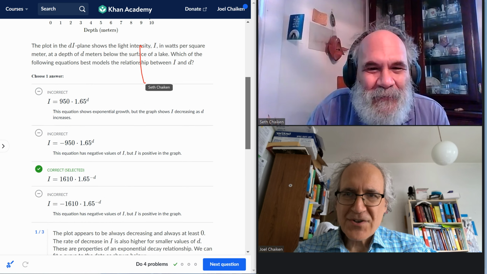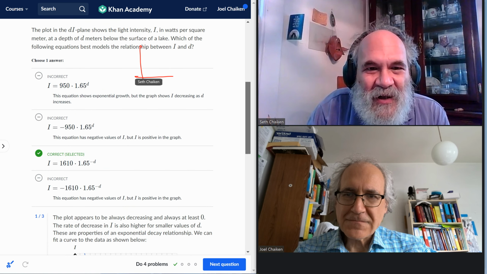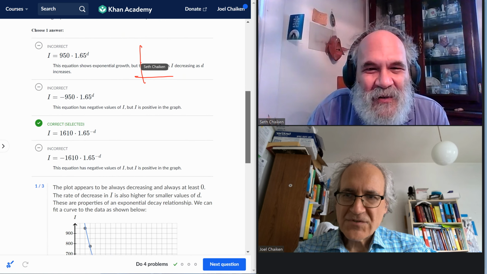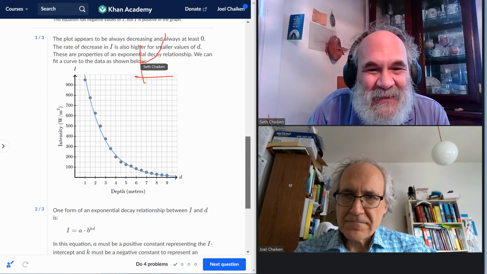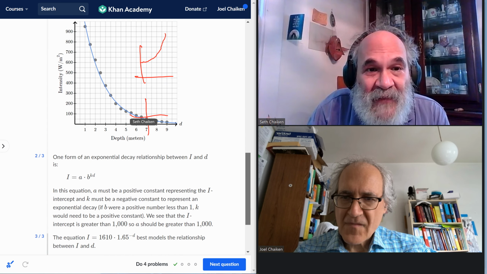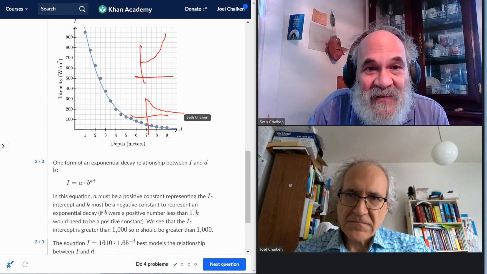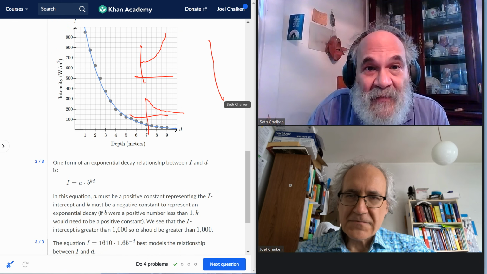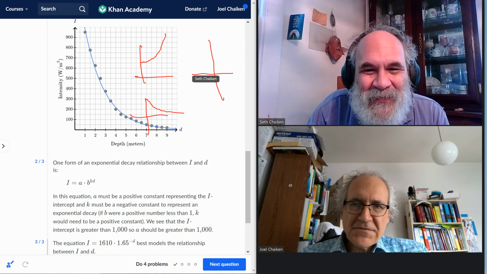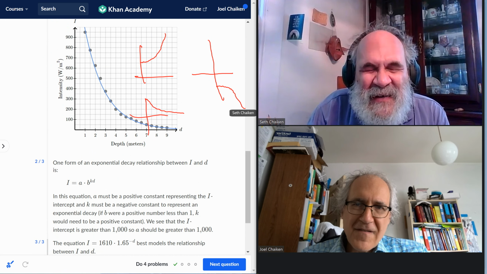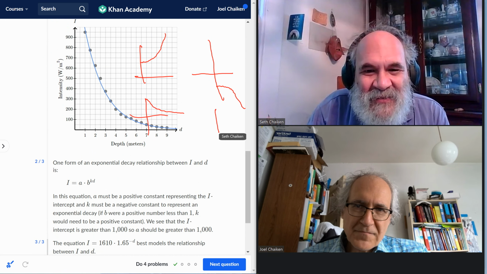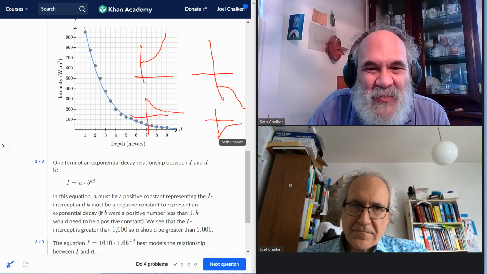I think I know what Seth's going to say. Exponential growth. Exponential decay from a positive. The four cases were growth in the negative direction, and exponential decay in the negative direction.